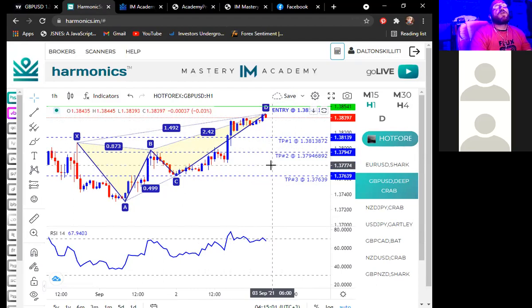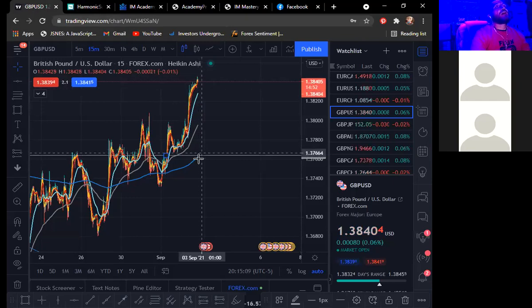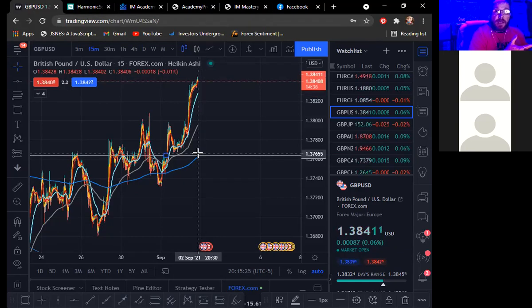It could fall back to take profit 3 here. I'm telling you it's going to fall back to the 800, which is the exact same thing the Harmonic Scanner is telling you. So use the Harmonic Scanner to figure out which potential trades are there, and then once you go to that chart, use the DeLorean EMAs. That way you're not just leaning on the DeLorean EMAs alone. You know what I mean?